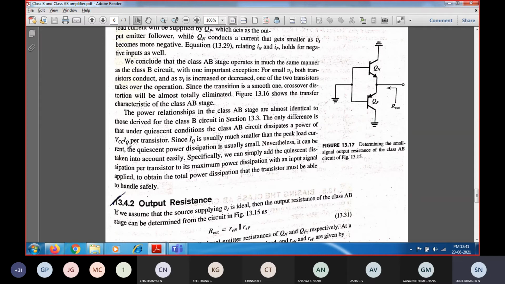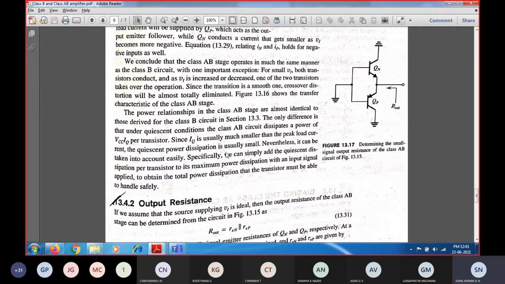It will be In multiplied by Ip equal to Iq square, so Iq will be a very small quantity. So the quiescent power dissipation will also be minimum in this case. If you consider the conversion efficiency and everything, it is going to remain the same as that of class B.